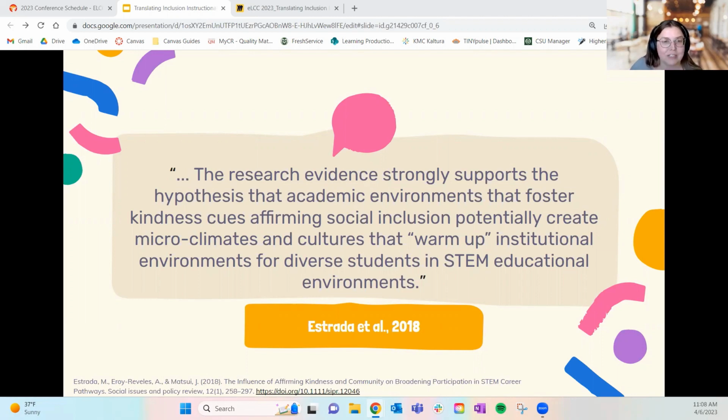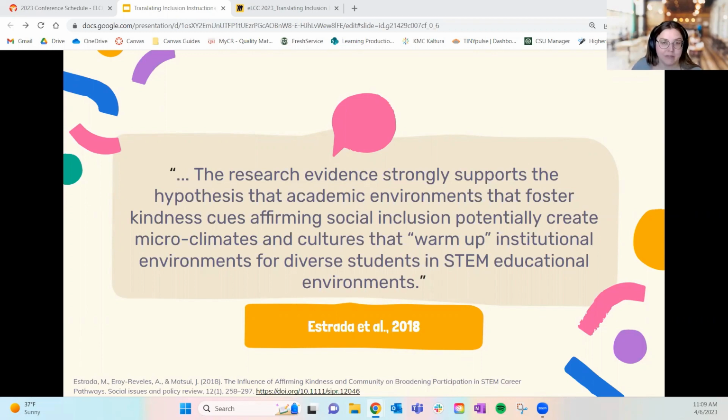The research evidence strongly supports the hypothesis that academic environments that foster kindness cues affirming social inclusion, potentially creating microclimates and cultures that warm up institutional environments for diverse students in STEM educational environments.